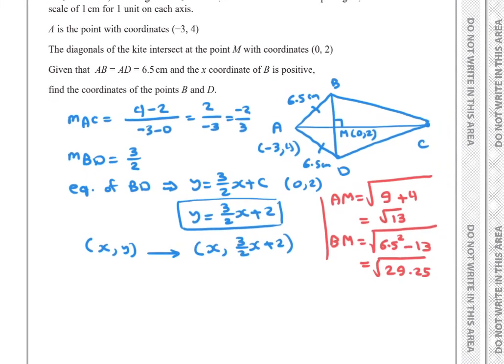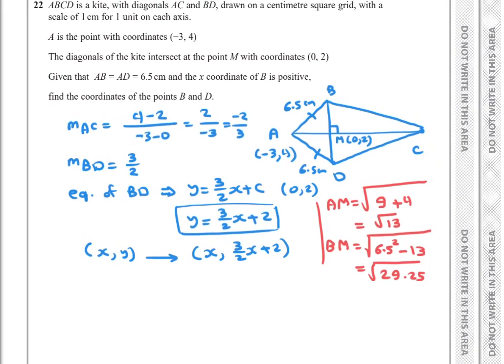Now we have BM, and we can find the distance between B and M in terms of X, because you can consider that B equals X and 3 over 2X plus 2, and point M is 0 and 2.